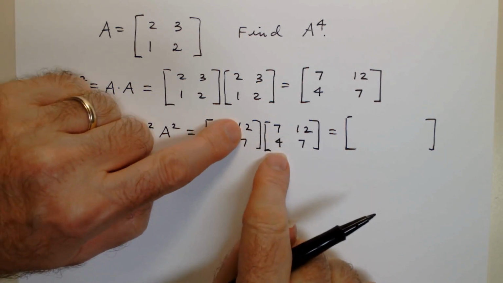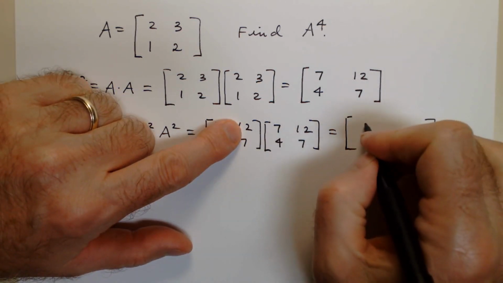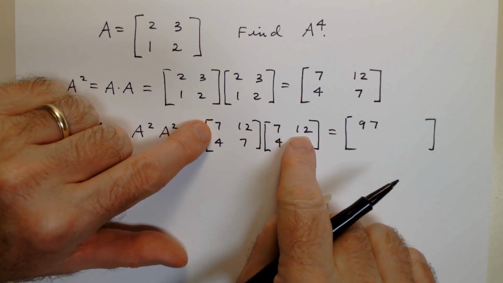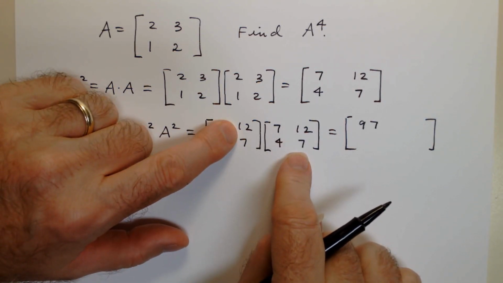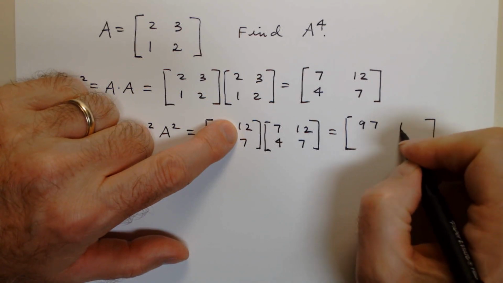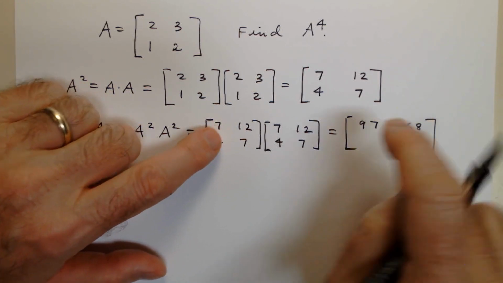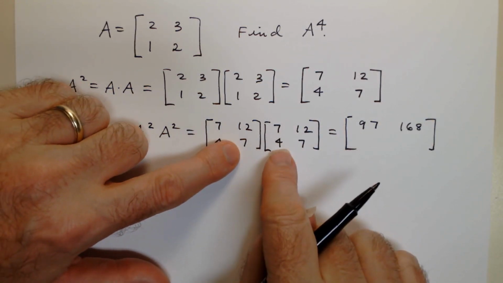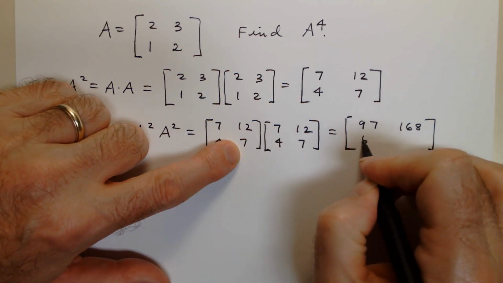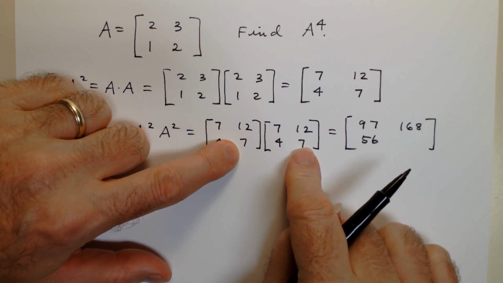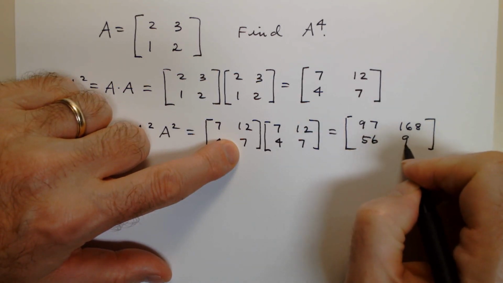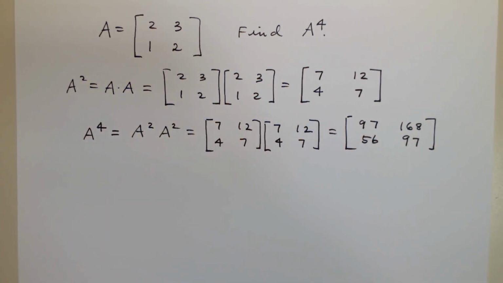We're going to have 49 plus 48, and that's going to give us a 97. We'll have an 84 and another 84 together. That will give us 168. We're going to have 28 plus 28, which is 56. And then finally, 48 plus 49, which gives us 97. And that's the fourth power of A.